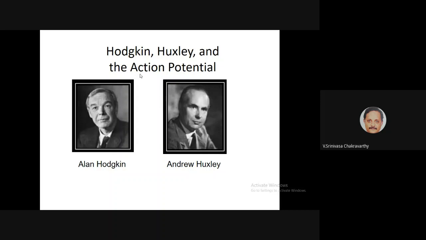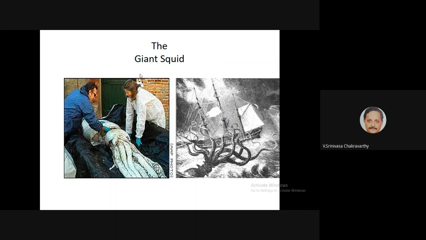So British physiologists Alan Hodgkin and Andrew Huxley took up this question, and they wanted to study how a neuron produces electricity. What is the molecular machinery, or cellular machinery, that can produce electricity in brain tissue? So for that, they needed to actually take recordings from a neuron, right, to understand how it produces electricity.